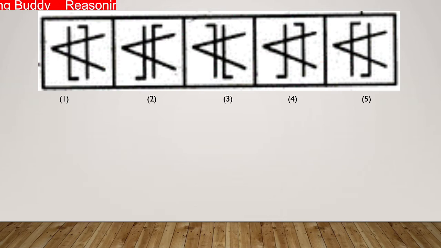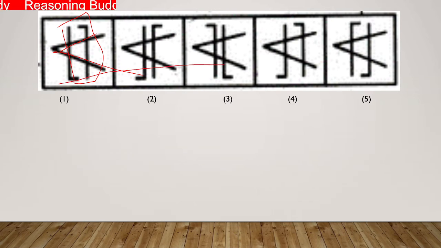Okay, I gave you an extra 10 seconds also, so let's go. Here they gave two lines which are L-shaped in every figure. So the main characters are two lines and one V-shaped figure.